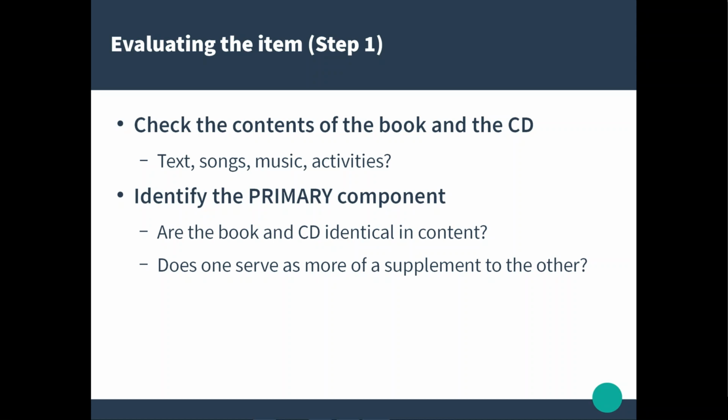So the first thing that you want to think about is: are the book and the CD identical in content, or does one actually serve as more of a supplement to the other?